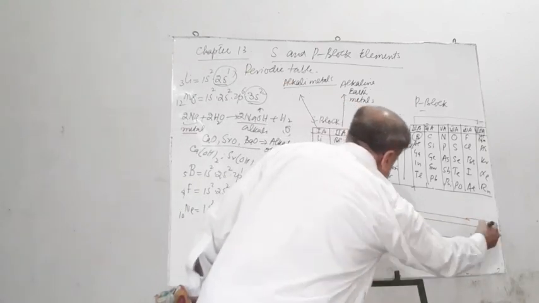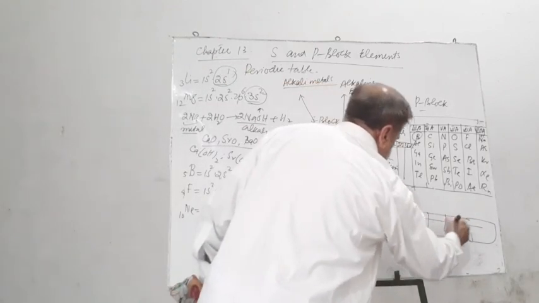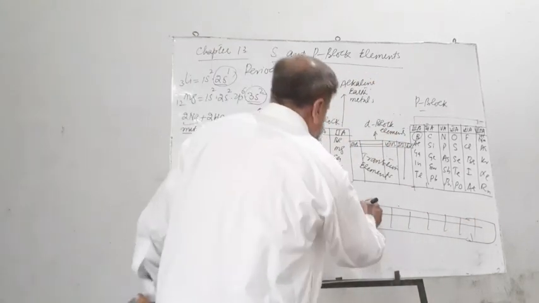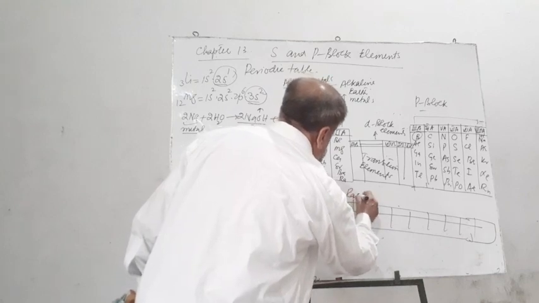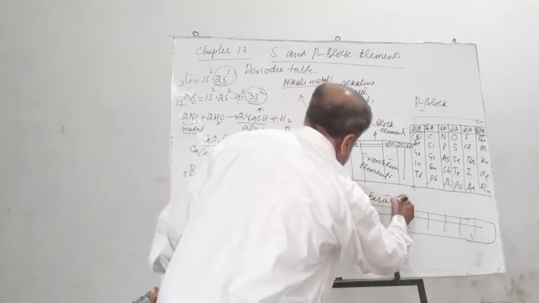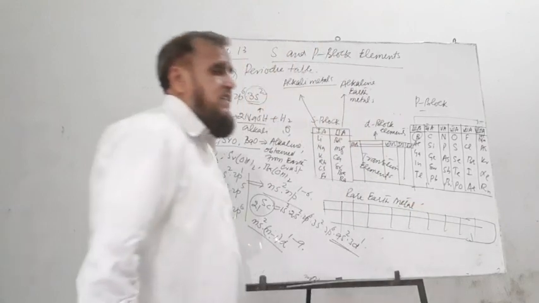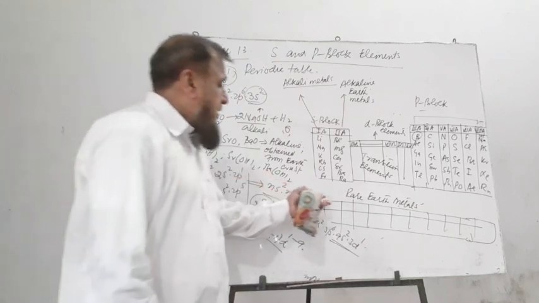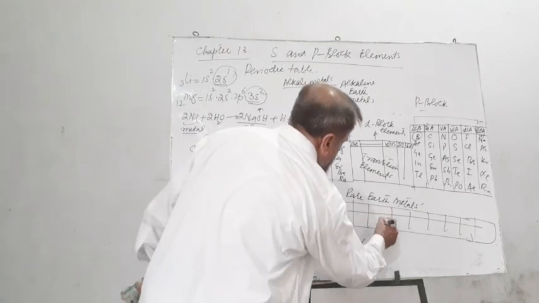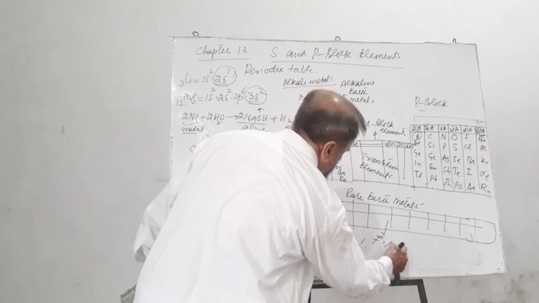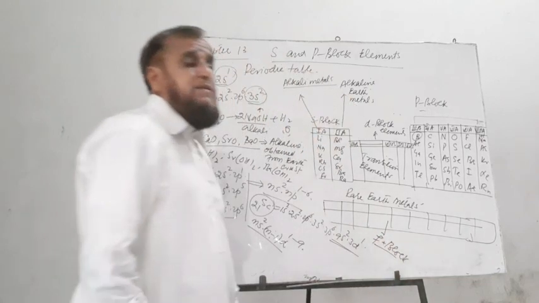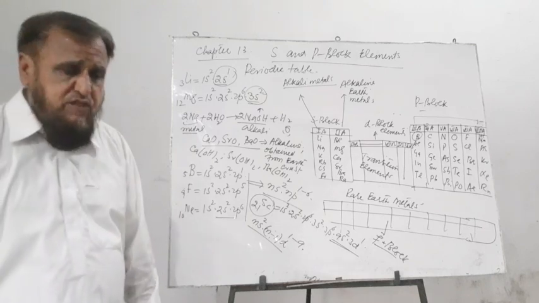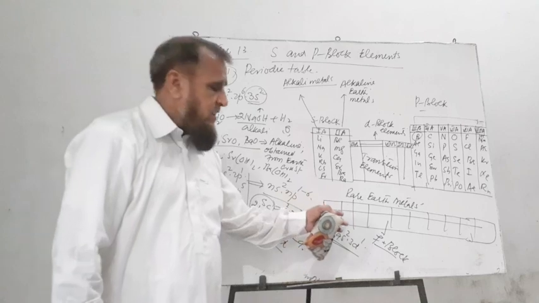At the bottom of the periodic table we have two rows of 14 elements, and these are known as rare earth metals because these metals are very rare and they are usually obtained from the earth crust. They are known as f block elements because when we draw the electronic configuration, the last or distinguishing electron always enters the f orbital.